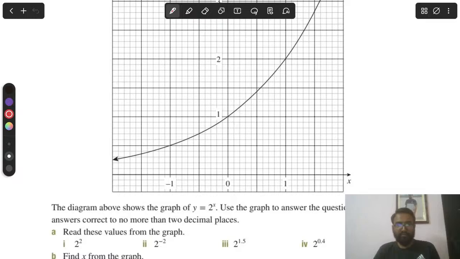So where is 2 power 2? What is 2 power 2?